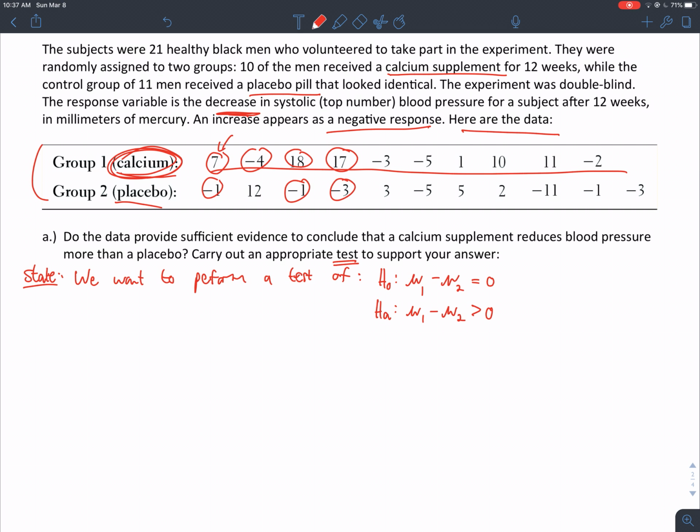Again, of course, now we have to define stuff. You can say let alpha be 0.05. And then we have to define stuff. So we say where mu sub 1 is, and what is it?